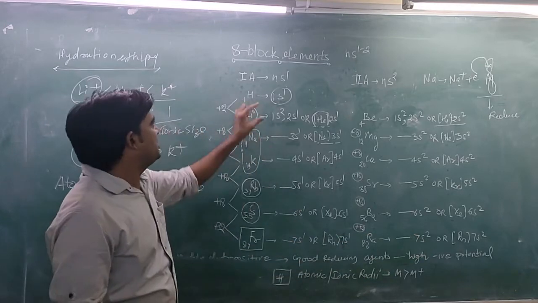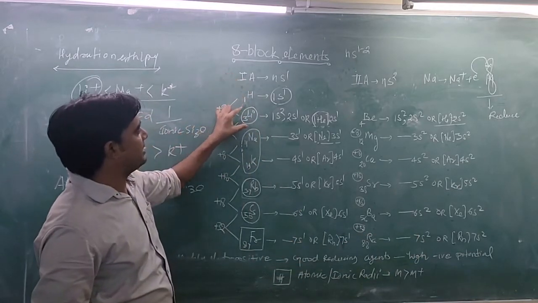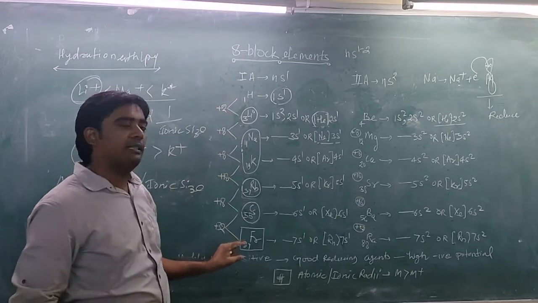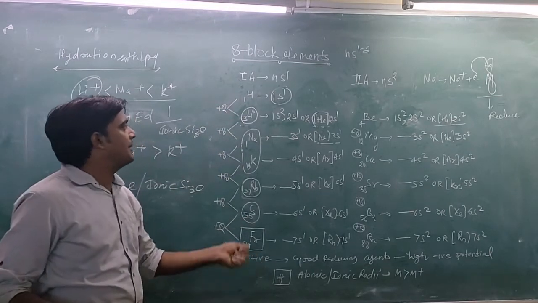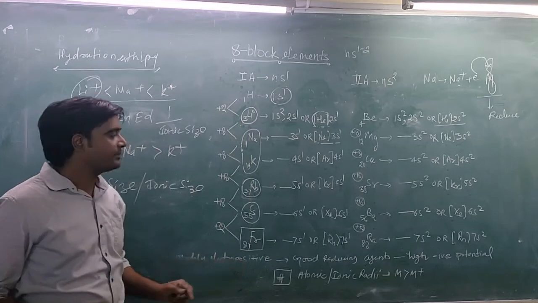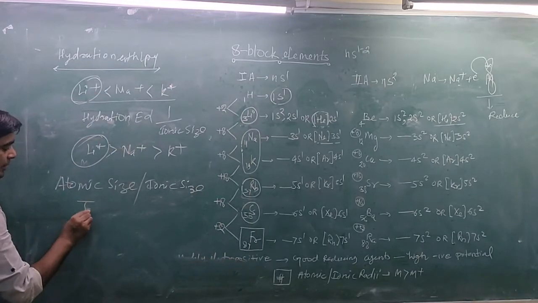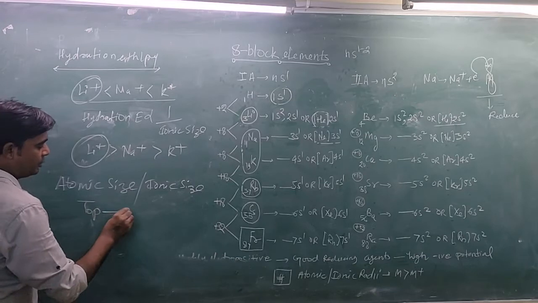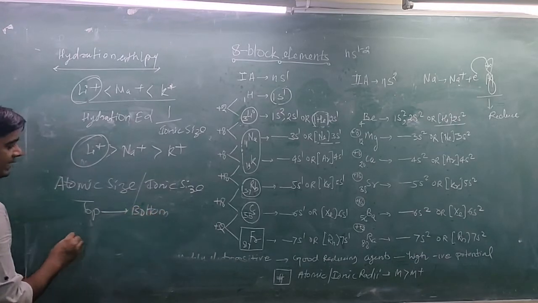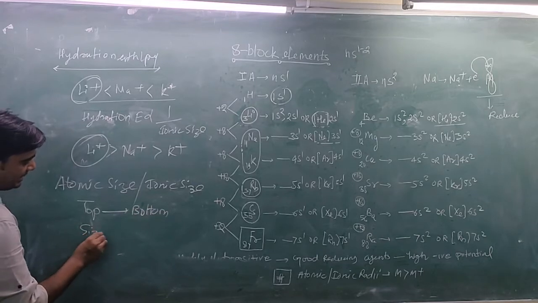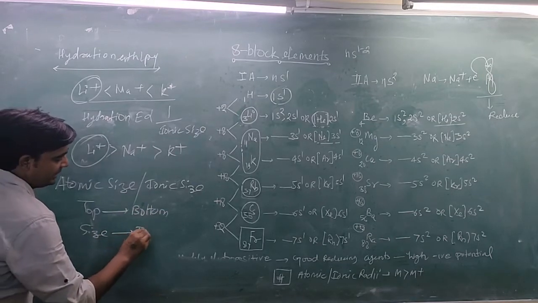This is a small atom, then this, then this, and this is the highest, much bigger compared to the other elements. So from top to bottom, size will increase.